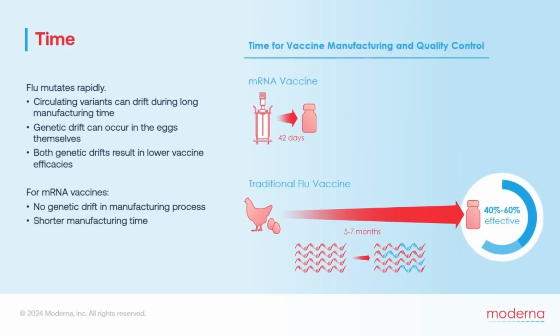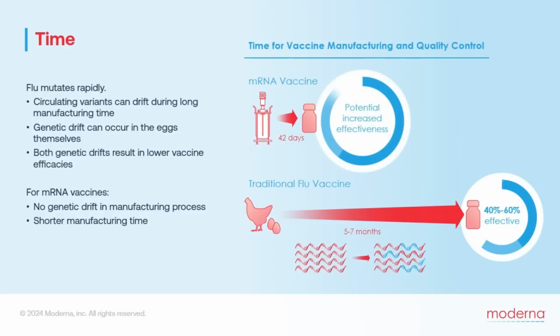Combined with their much shorter manufacturing times, mRNA vaccines are likely to better match circulating viral variants at the time of administration. Therefore, mRNA vaccines against annual flu and other fast-mutating seasonal viruses could ultimately result in increased effectiveness compared to the current standard.